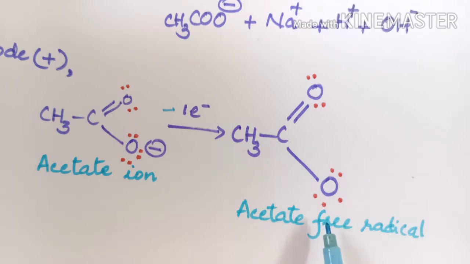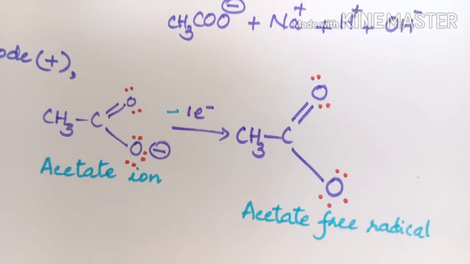Know that free radicals are odd electron species, so they have the capability of attracting other free radicals, or somehow they have to get paired. Free radicals are highly reactive, so they will try to stabilize themselves somehow. So this acetate free radical undergoes a rearrangement.